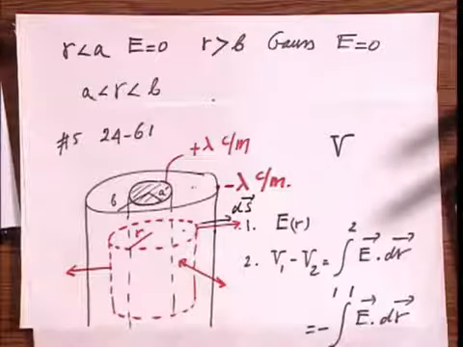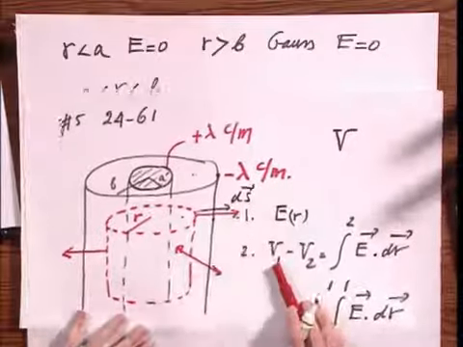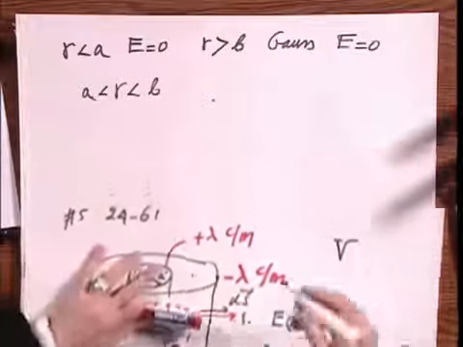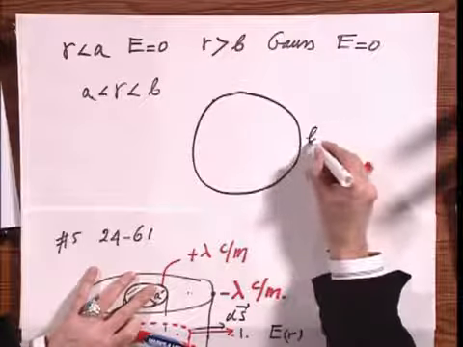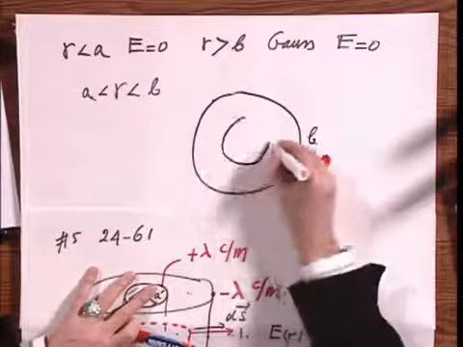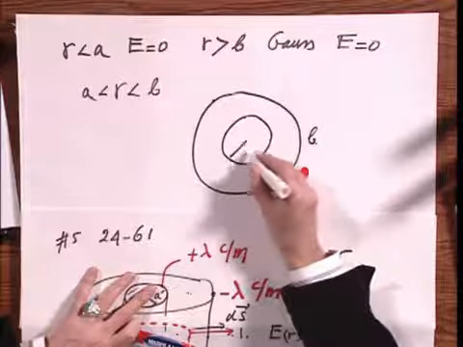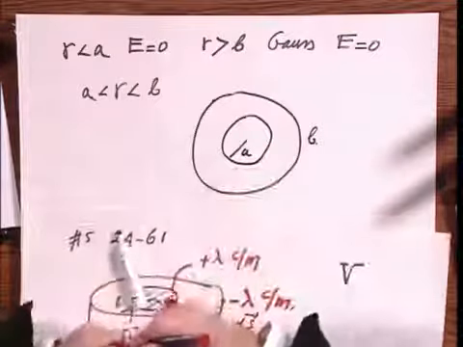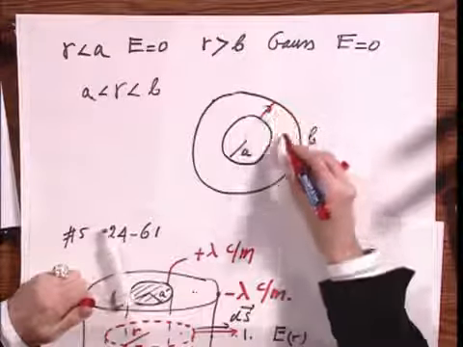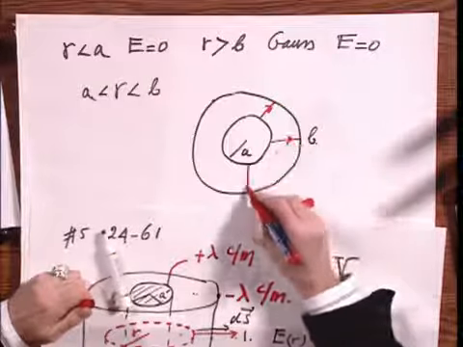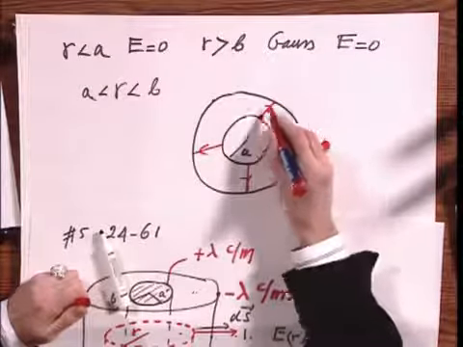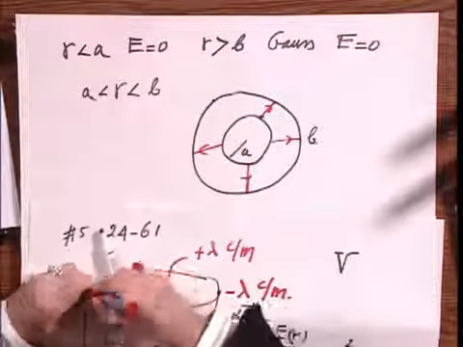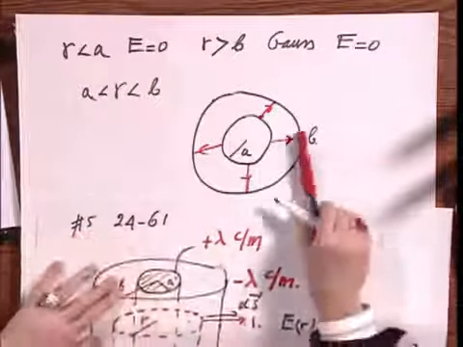So E and ds are in the same direction. If you were to look from above, this is the radius B, and this is the radius A, then the electric field will be in this direction, even though it will be stronger here, as you will see, than it will be there.